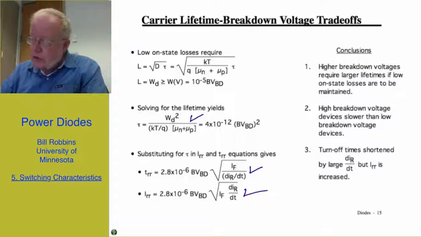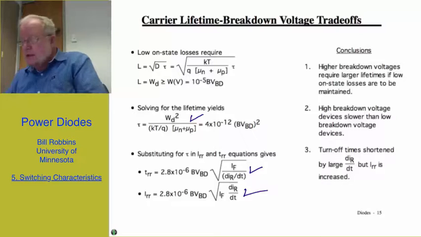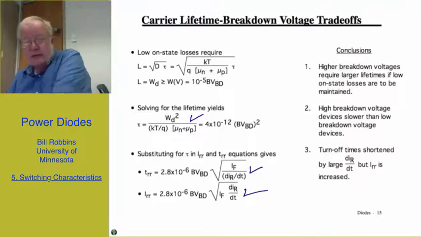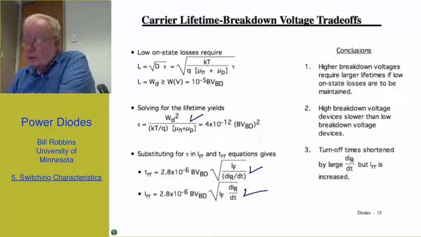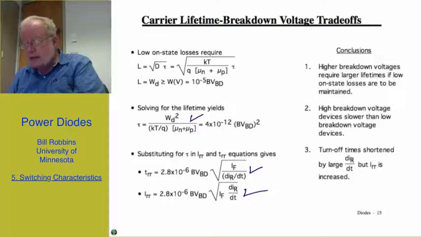The only way we're going to shorten turn-off times is by having large dIR/dt, but that means the larger the reverse recovery current slope is, the greater the value of the reverse recovery time. So there are some trade-offs that you as the user are going to have to make.